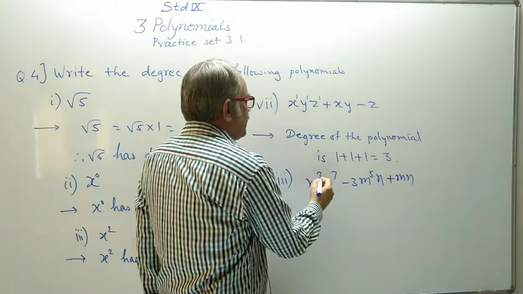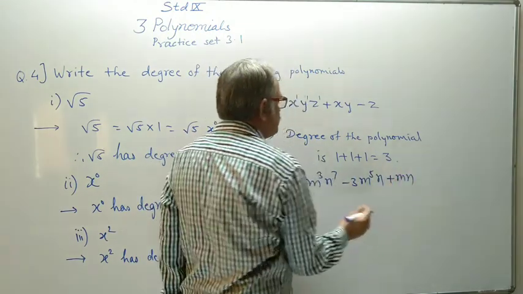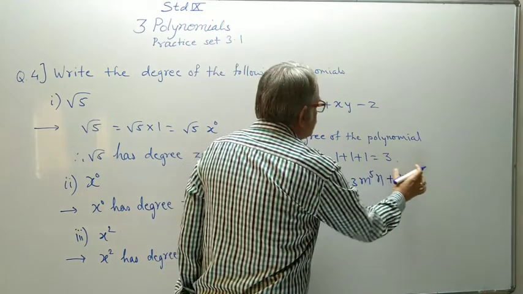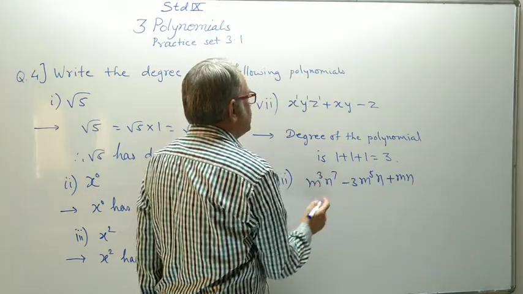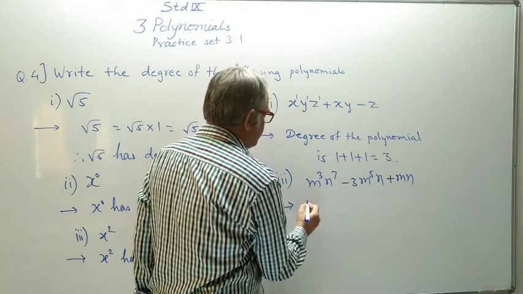Now here the indices are 3 plus 7, 10, here 5 plus 1, 6, here 1 plus 1, 2. 10, 6, 2. So the maximum index is 10. So the degree of the polynomial is 3 plus 7 equal to 10.